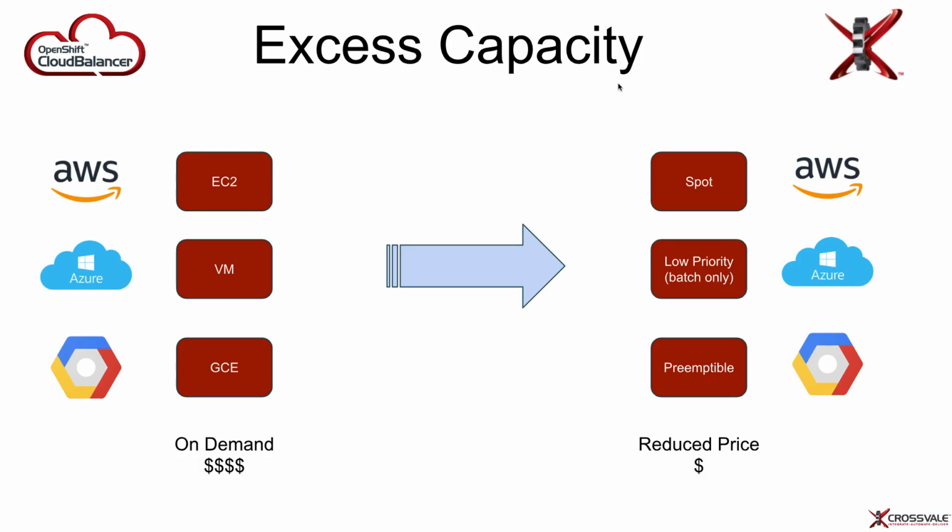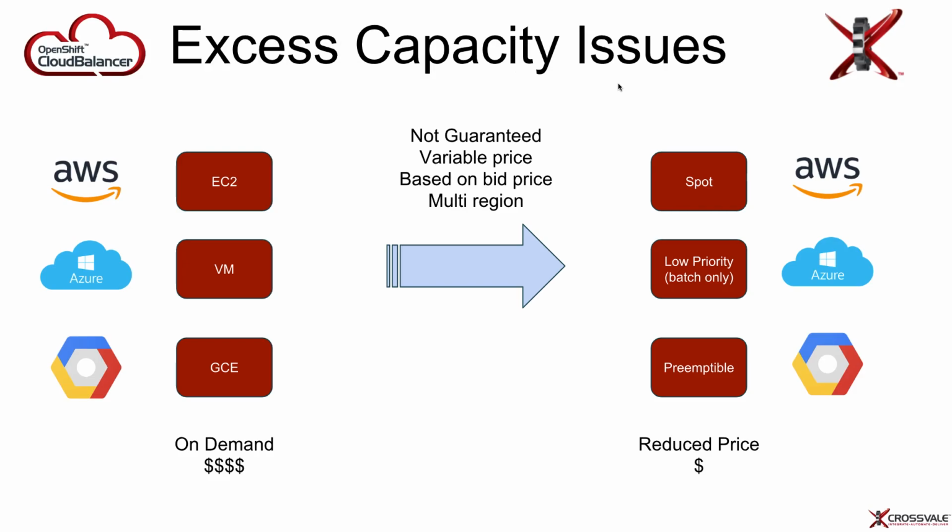The idea here is that the cloud services also have excess capacity at times, and they would very much like us to consume that. And so they sell those servers at a cheaper rate for us. However, the problem with that is service is not guaranteed.